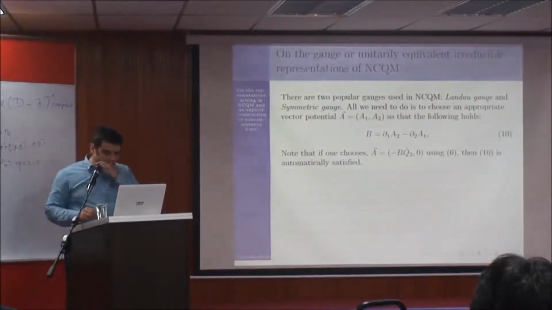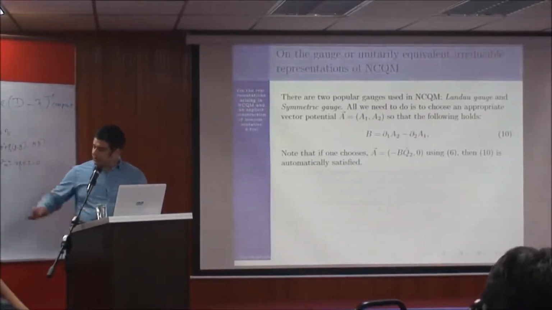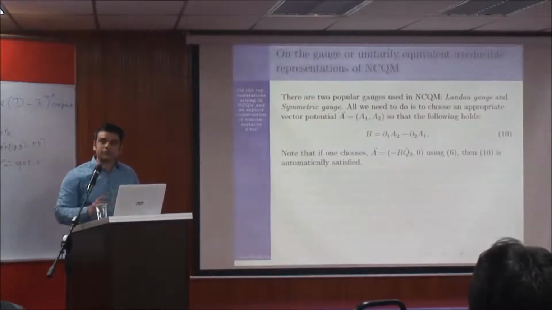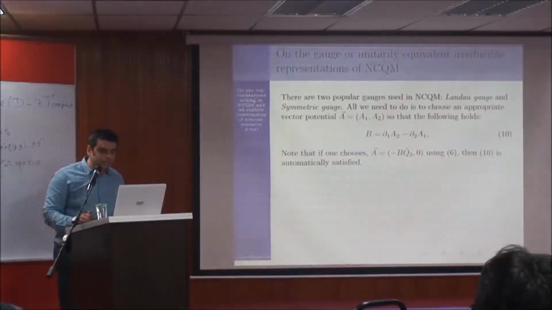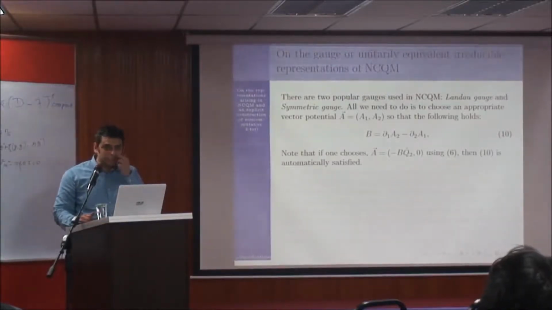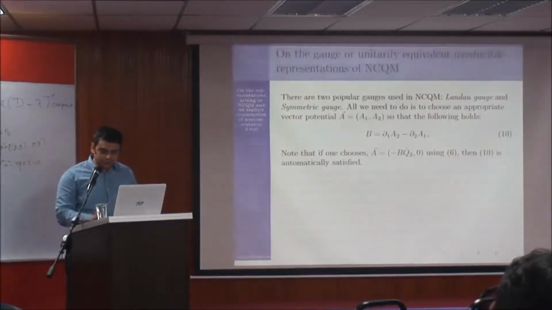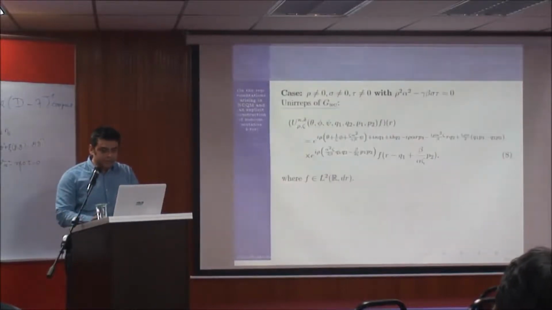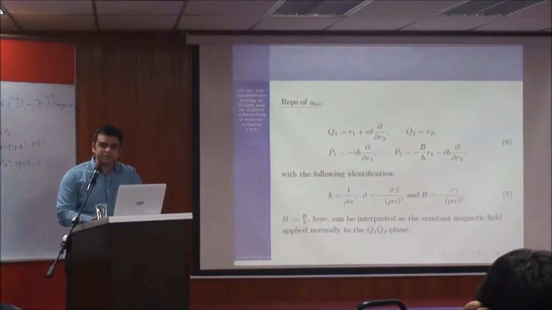So here you see that in our approach, this is for the commutative case, and in our approach, this is non-commutative quantum mechanics. So we have to refer back to the non-commutative position operator Q2 hat. Q2 hat can be obtained from equation 6. You see, this is R2.